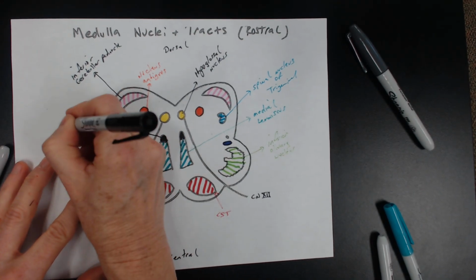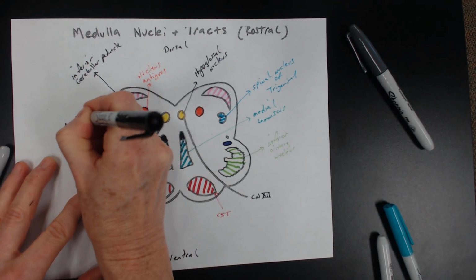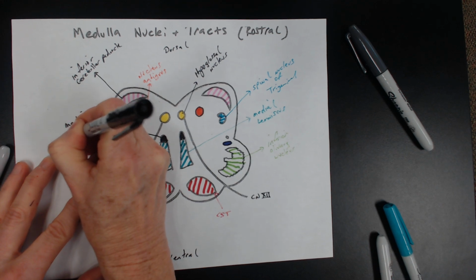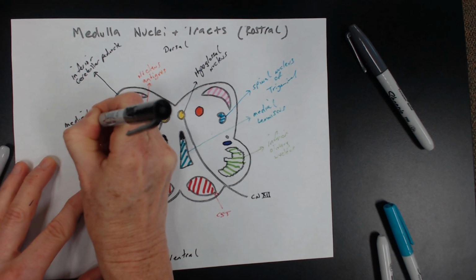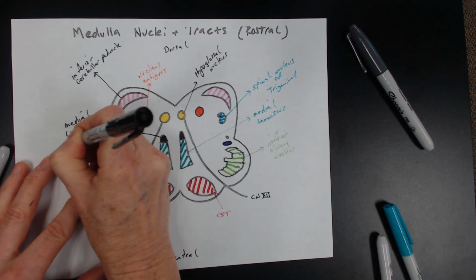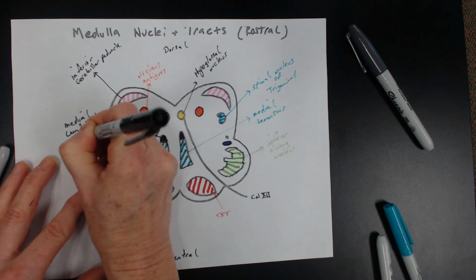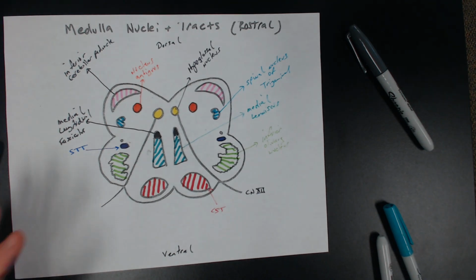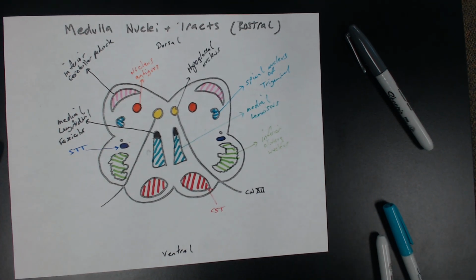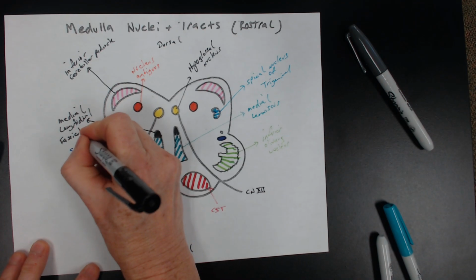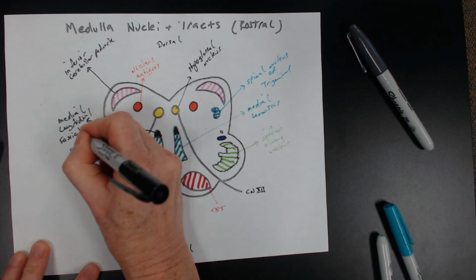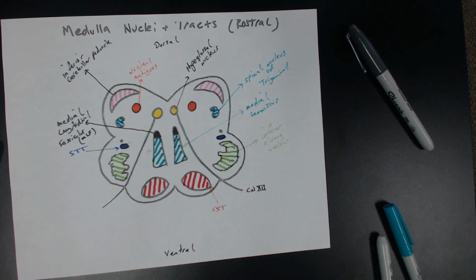This is your medial longitudinal fasciculus. Again, fasciculus, one of those words that means white matter, myelinated axons. It's abbreviated MLF, medial longitudinal fasciculus.